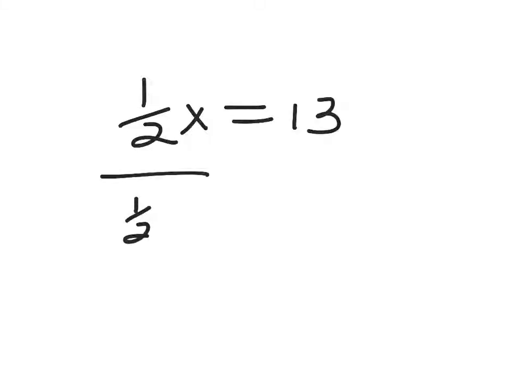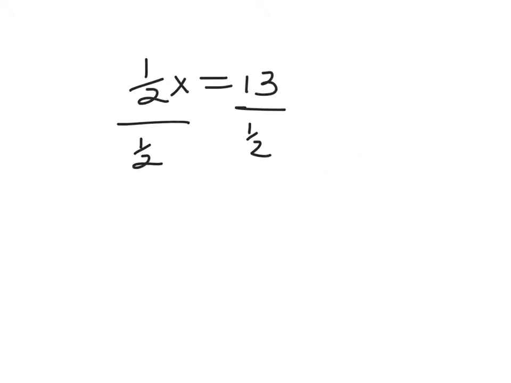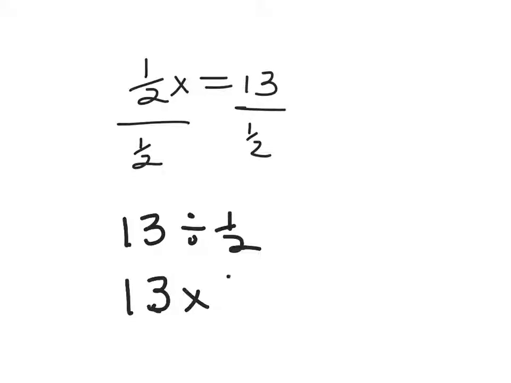Yes, we are dividing by 1/2, but when we divide fractions, what are we really doing? Remember, you do keep, flip, change, or whatever you were taught in middle school. So really what we're doing here is 13 divided by 1/2, which really means turn it into a multiplication problem and multiply by the reciprocal, which is 2/1. So that's why in my proof, I stated that it was the multiplication property.